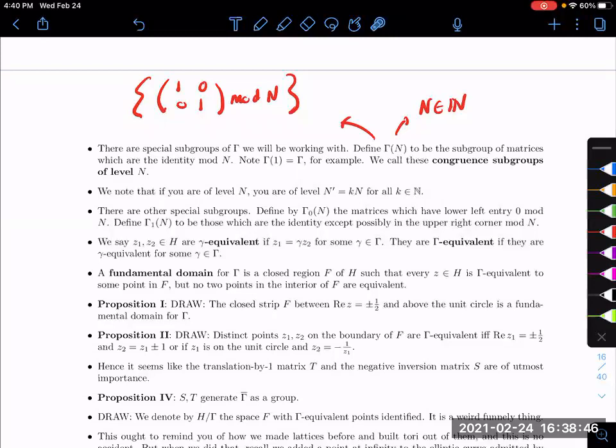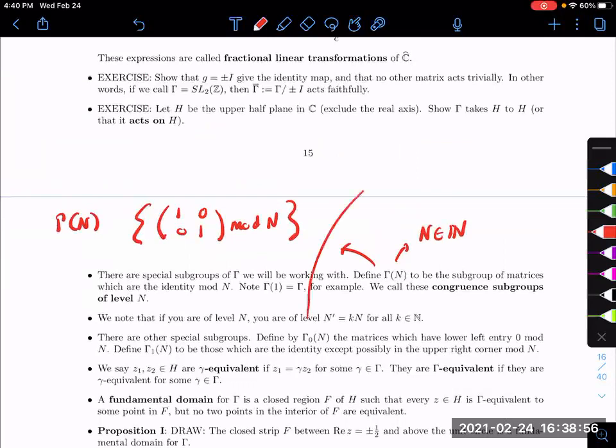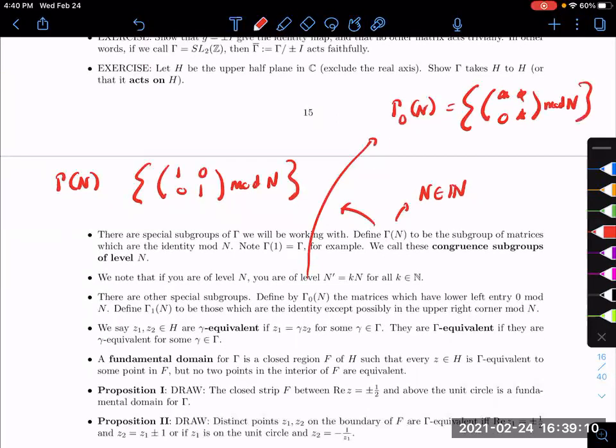We're going to have to define the so-called gamma not of N. So this is gamma of N. Gamma not of N is the subgroup of SL2Z of matrices that look like star, star, star, 0 mod N. So we're just requiring that the lower left corner be 0 mod N, and we have no other restrictions on this matrix. So that's going to be an important subgroup for us.